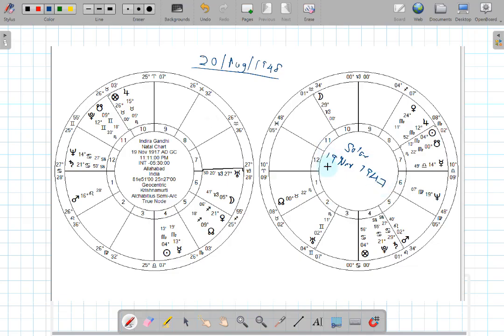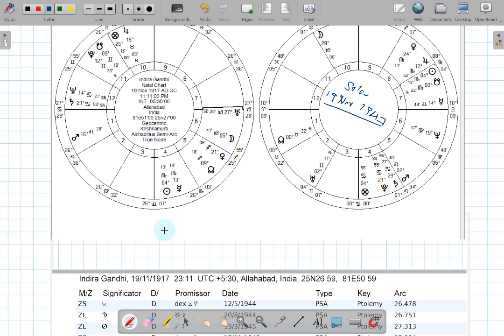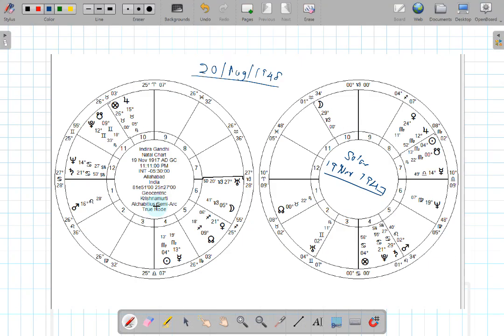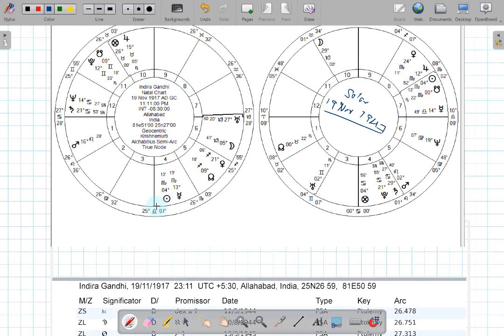This was the return chart for the preceding birthday. Now let us analyze. When we are talking about childbirth, we need to have fifth house connections, because the fifth house of the horoscope signifies children, childbirth, pregnancy, and all those aspects. So let us look at the directions in and around that time.